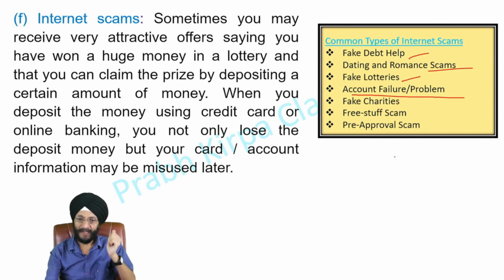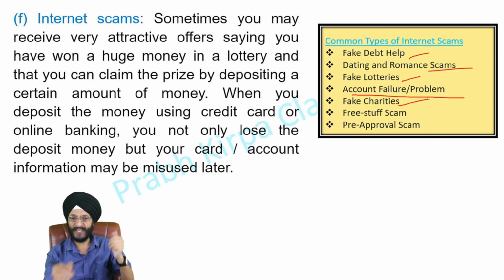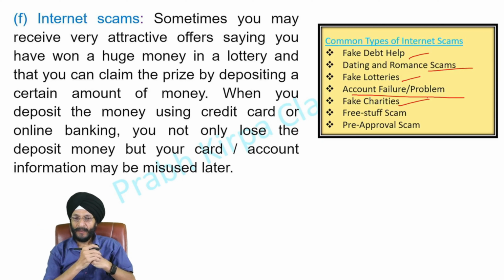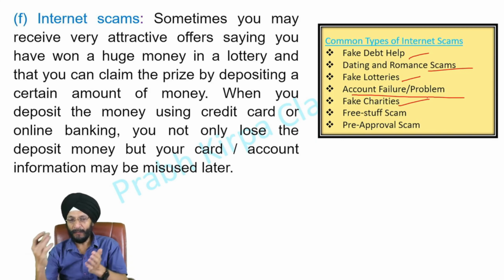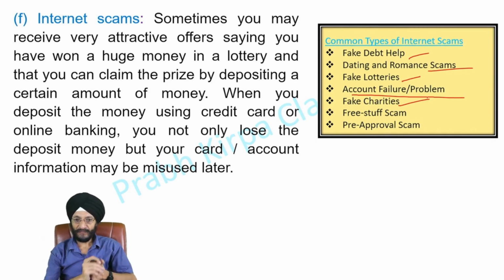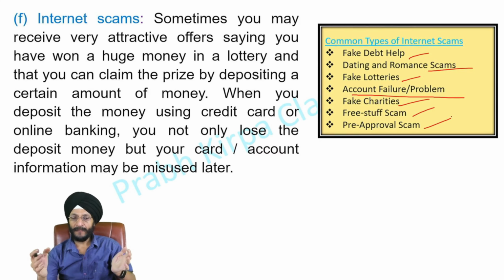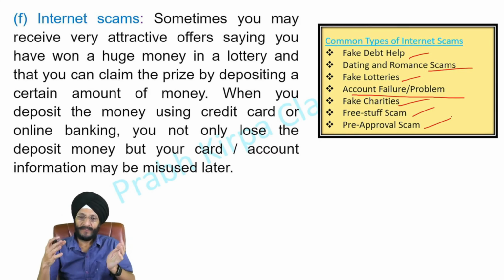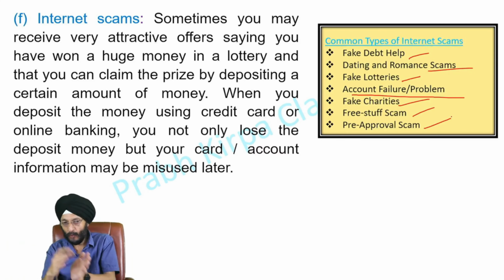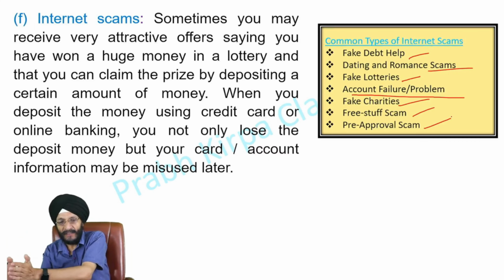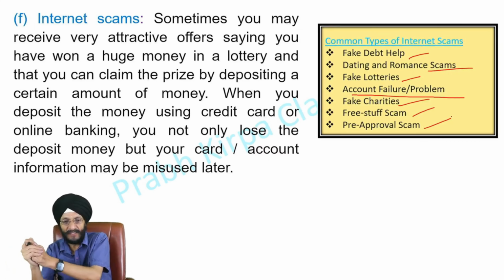Then there are many types of scams in the name of charity. The other person may not have any link with the charity. It may be a fake one. There may be other free stuff scams and pre-approval scams, that is, we have approved a loan of rupees 100 or $1,000.